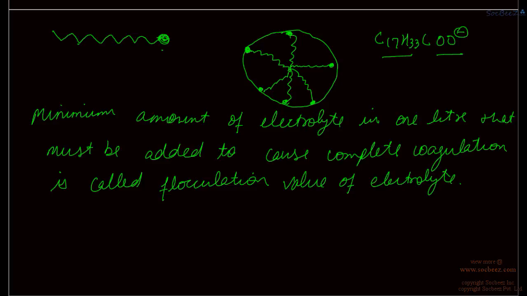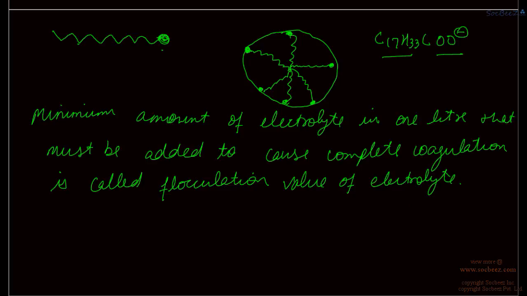Remember that some data are given in the question, and based on this you find the total number of millimoles that is required to cause the complete coagulation of a colloidal solution, and that is known as the flocculation value.